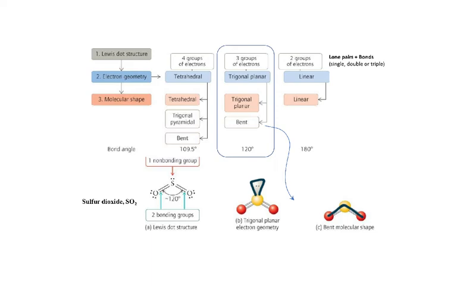Now notice that this is different than the water bent shape, because water's bent shape came from a tetrahedral electron geometry and had an angle of 109.5. Sulfur dioxide here gets its bent shape from 3 groups, or trigonal planar, and so this is 120 degrees.